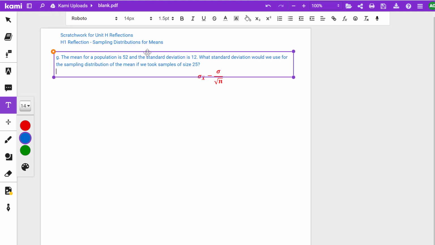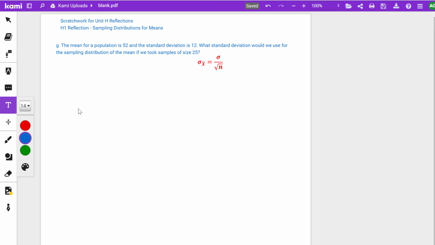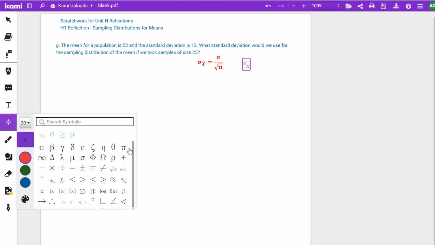So part G. We're going to take this formula right here, okay? And what I'm going to do is calculate the new standard deviation. So that would be sigma with a little x, and it really has an x bar, but I can't do the bar on this tablet. The original standard deviation is 12.